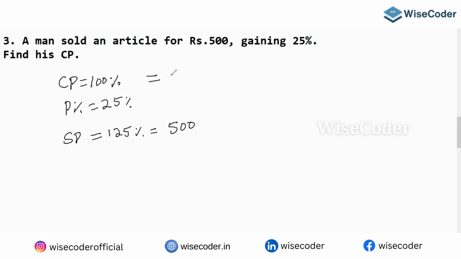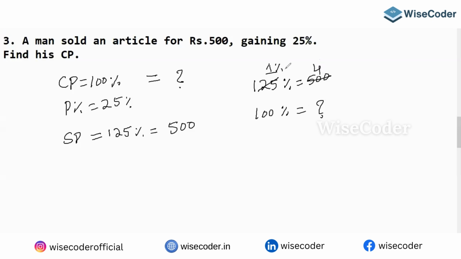Then 100% is equal to how much? Let me write it here separately. 125% is equal to 500, and 100% is equal to how much? If you calculate this, 125 once, 4 times.